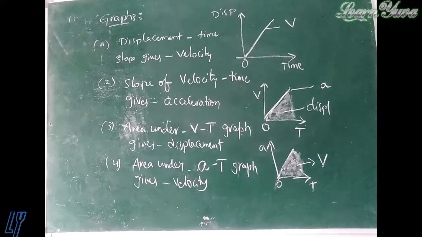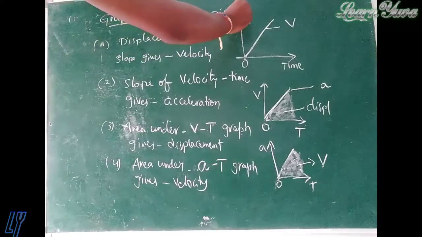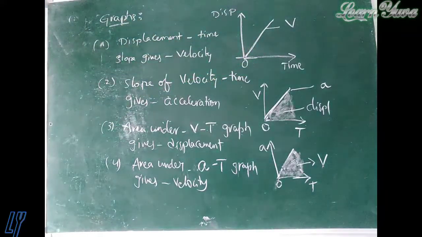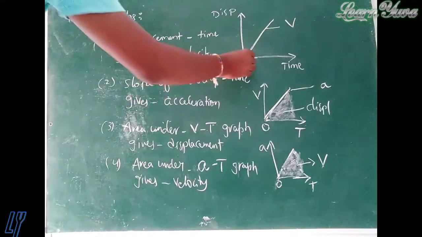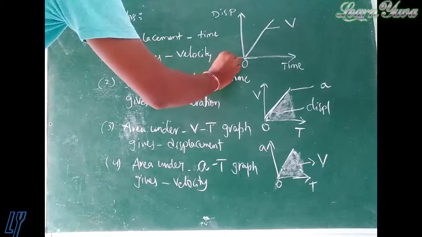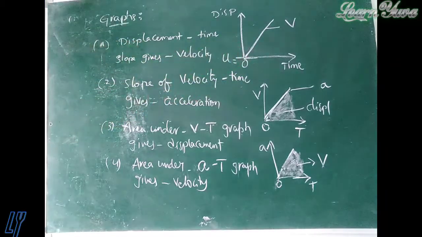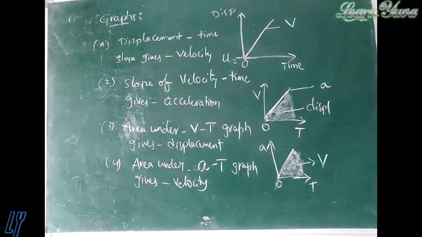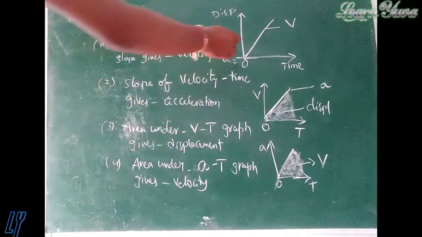A few more points. In this displacement-time graph, the origin is at 0. That means the initial velocity u is 0, and the body is starting with uniform velocity if the line is a straight line.